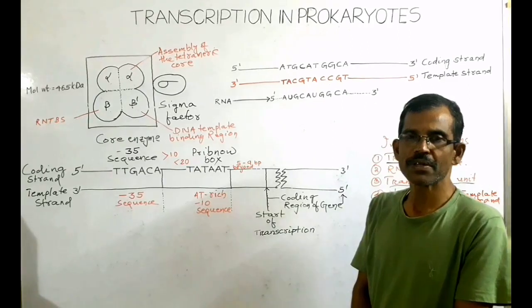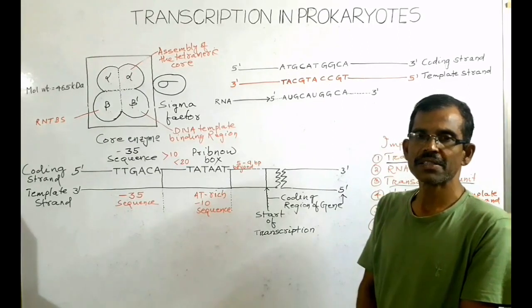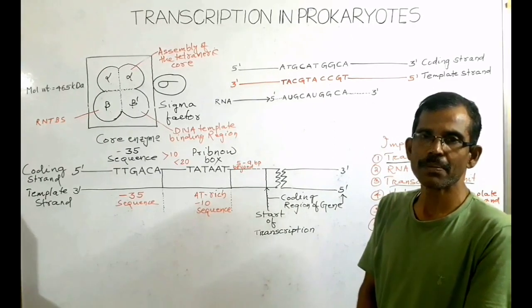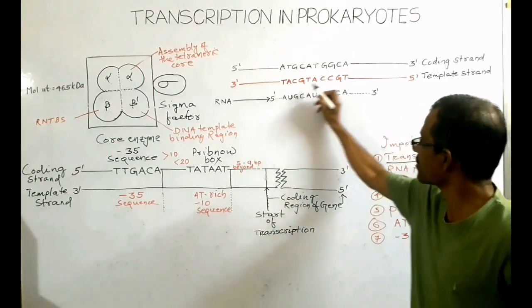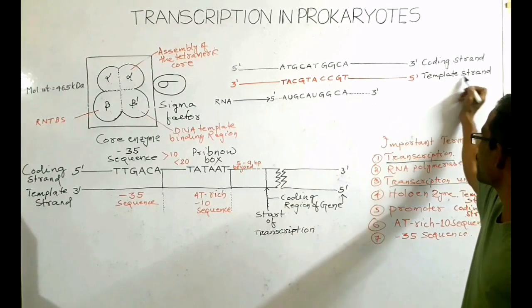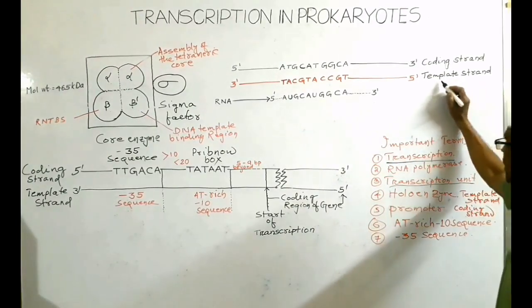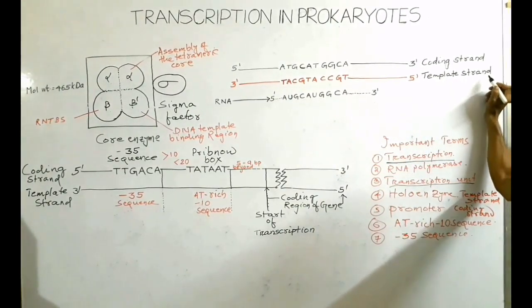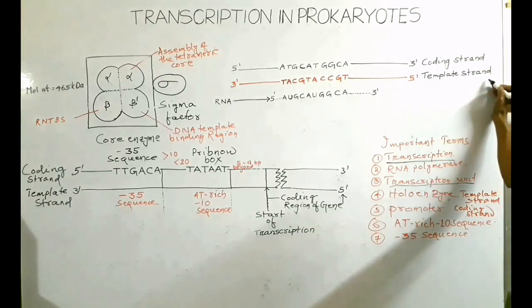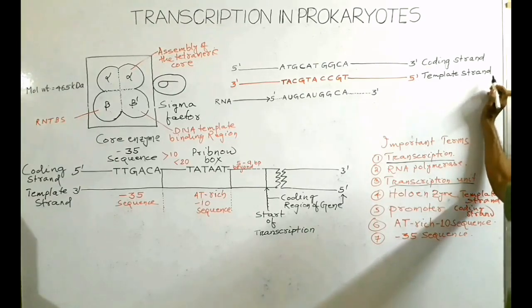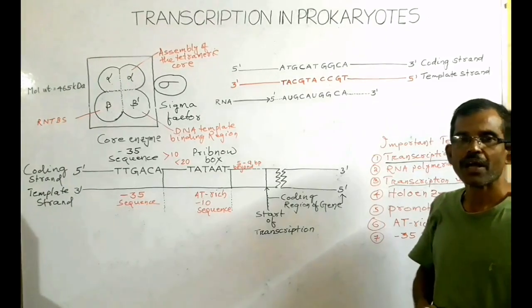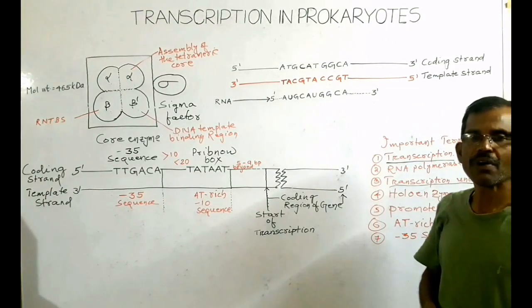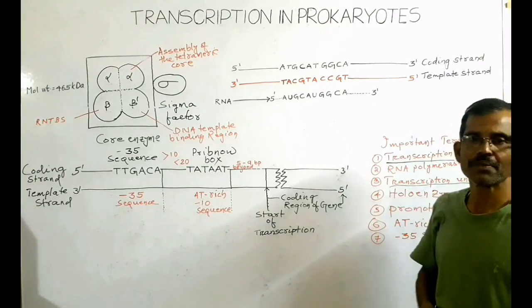In transcription, RNA is synthesized from a DNA template. In a duplex DNA, only one strand serves as the template strand. The template strand is also known as the antisense strand or non-coding strand. The process of transcription always proceeds in 5' to 3' direction.